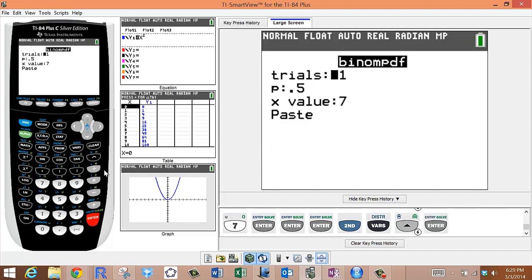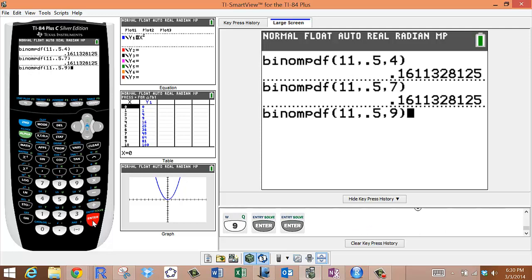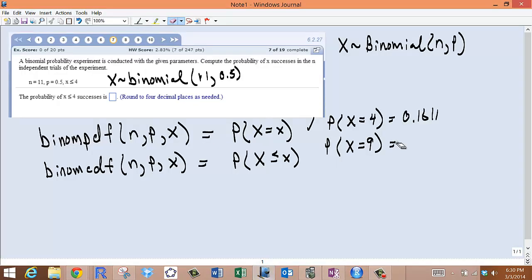So PDF and enter, and we'll change this to 9 and then enter. Okay, so we get a little different number here. 0.0269 is the probability. Okay, so that's the first case.